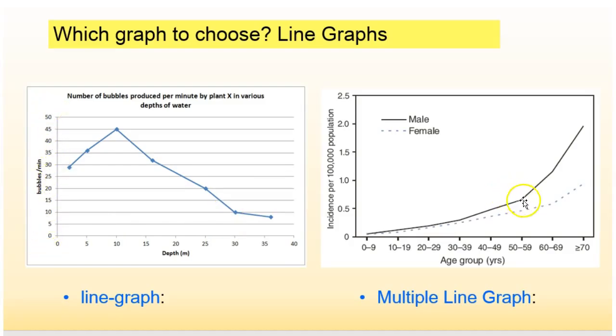If you have more than one line, it's because you have different groups that you are comparing using those lines. So every time you have more than one line, you essentially have more than one group that you are measuring and comparing.